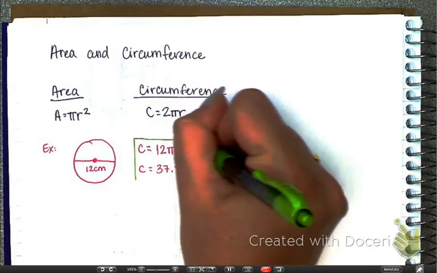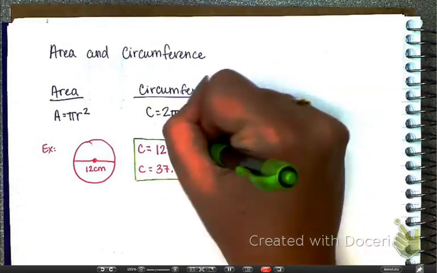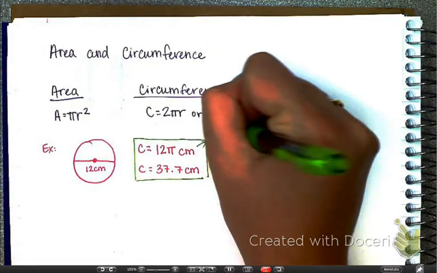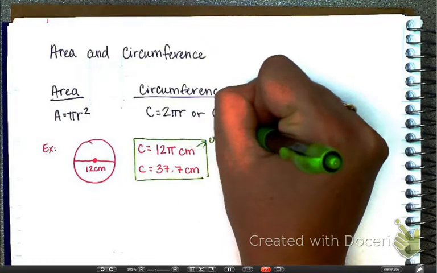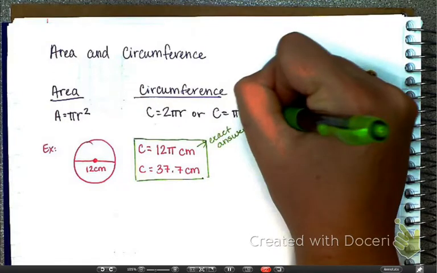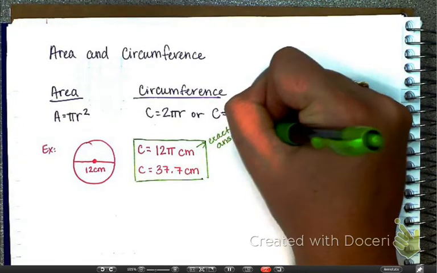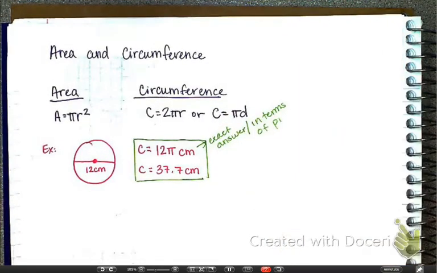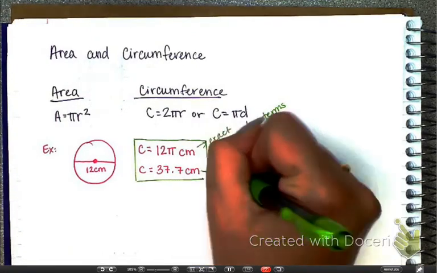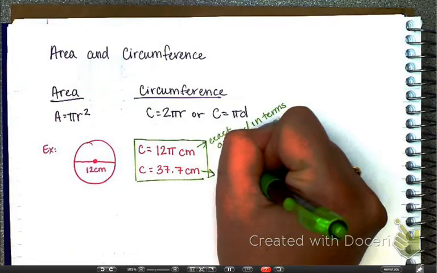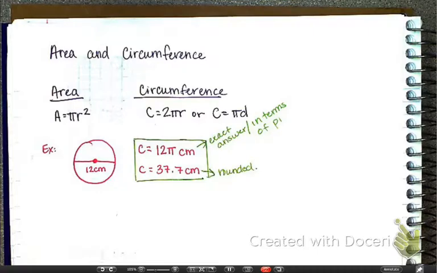So maybe make a note to yourself that this is the exact answer, or it's in terms of pi, and this one's the rounded answer. Exact answer or in terms of pi, that's what the directions are going to say on tests, quizzes, homework, and such.